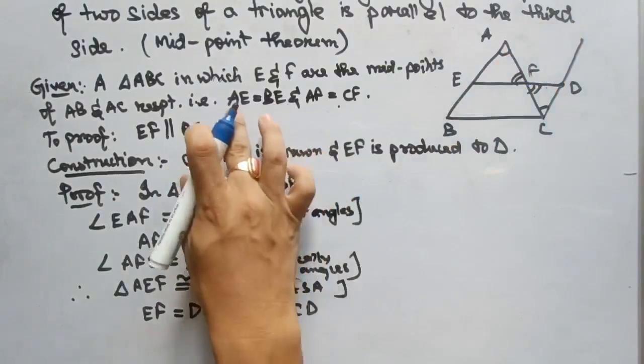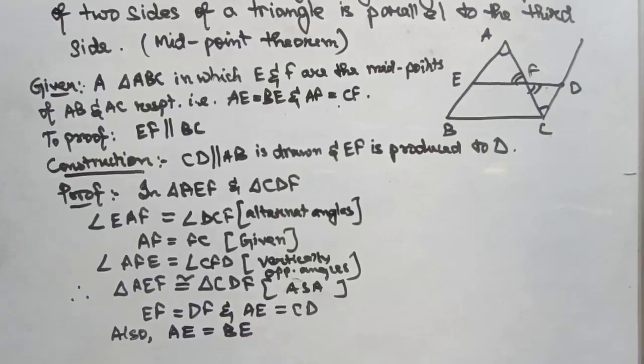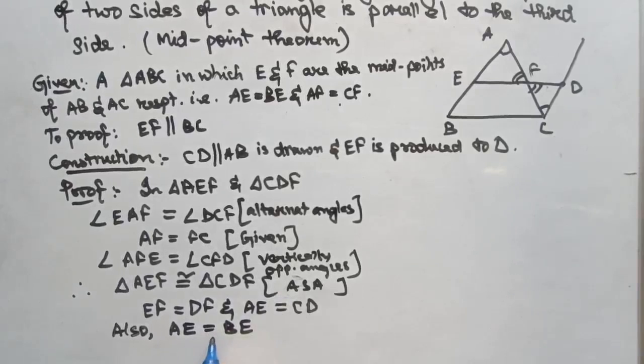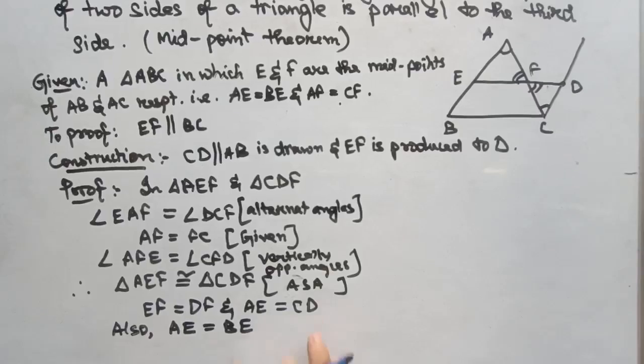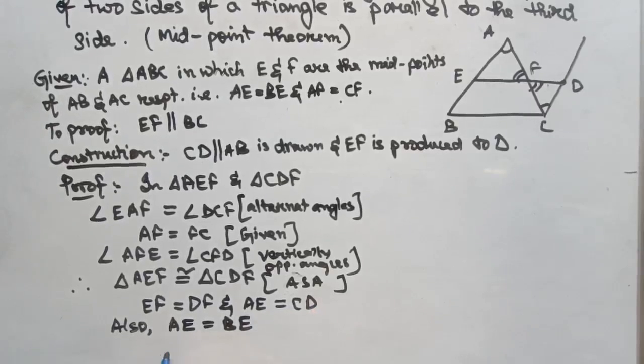That is the given information, since E is the midpoint of AB. So from these two, that is AE equal to CD and AE equal to BE, we can say that BE is equal to CD.